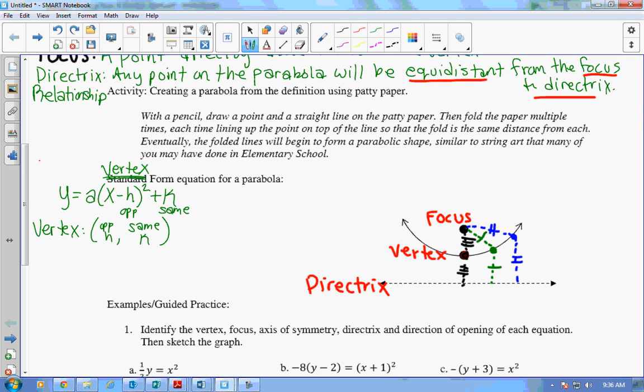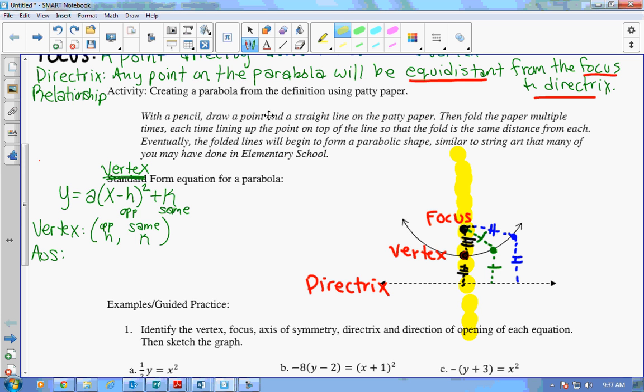Do you guys remember where the axis of symmetry is? Yeah, it goes vertically, that was supposed to be dotted, vertically through the vertex, and which coordinate does it always share with the vertex, the x-coordinate or the y-coordinate?